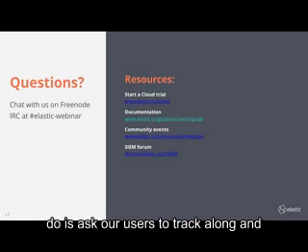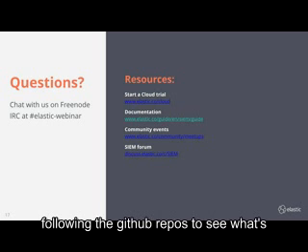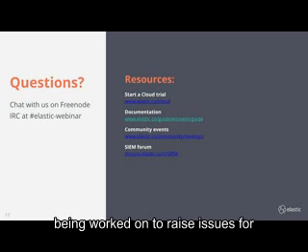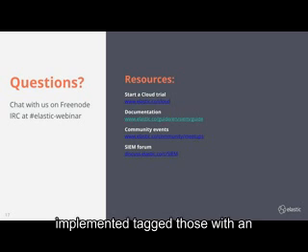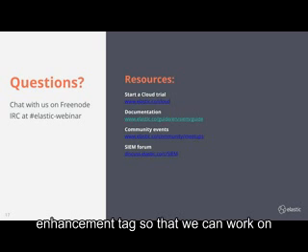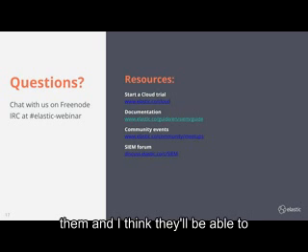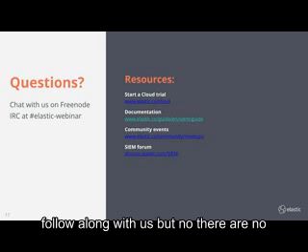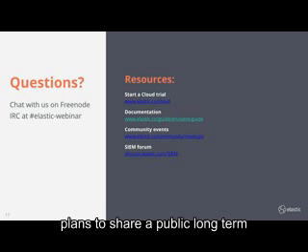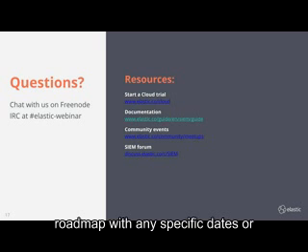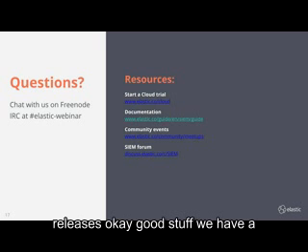And so what we would do is ask our users to track along and follow in the GitHub repos to see what's being worked on, to raise issues for features that they'd like to see implemented, tag those with an enhancement tag so that we can work on them. And I think they'll be able to follow along with us. But no, there are no plans to share a public long-term roadmap with any specific dates or releases.